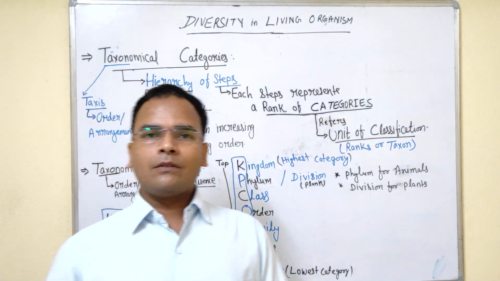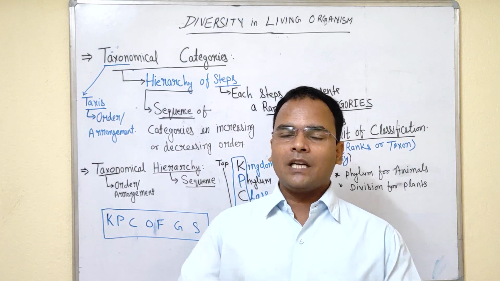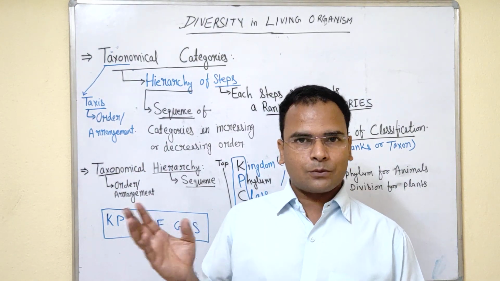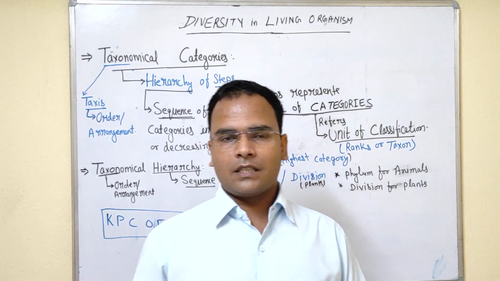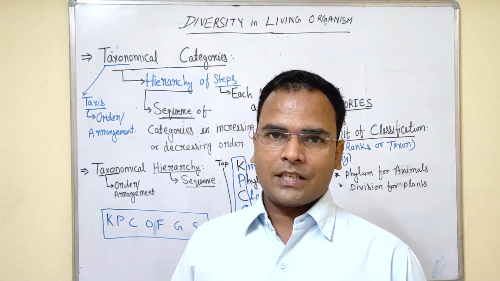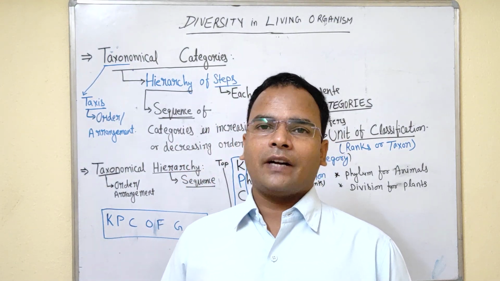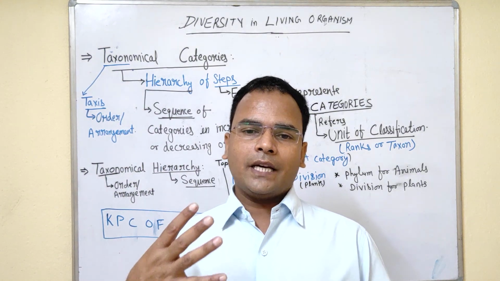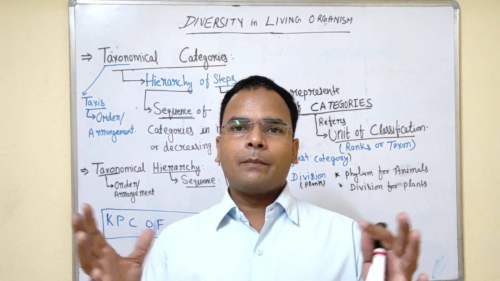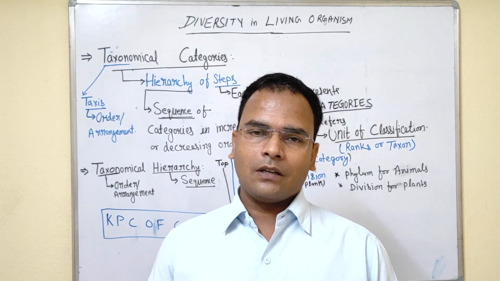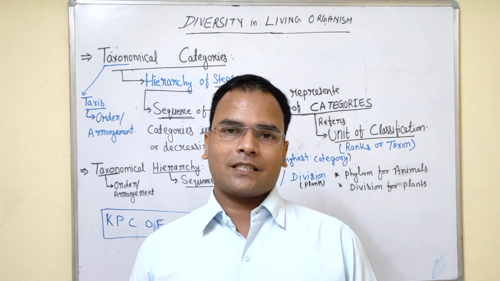So different kinds of living organisms are present in nature. Millions of plant, animal and other species are present in nature. We have studied how they have been classified based on similarities and differences.